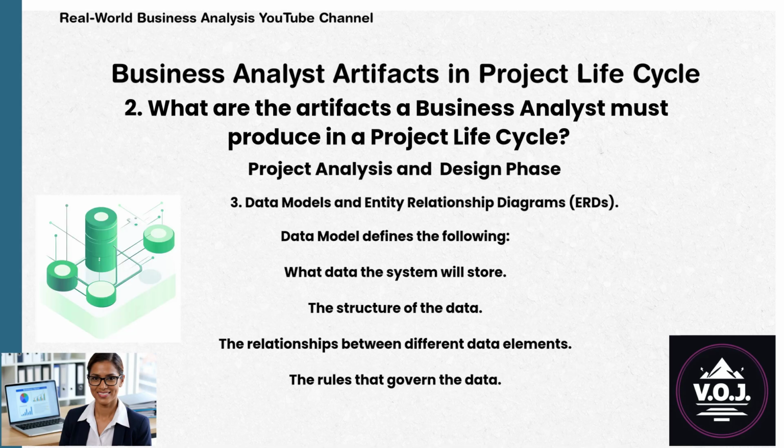A data model defines the following: what data the system will store, the structure of the data, the relationships between different data elements, and the rules that govern the data.